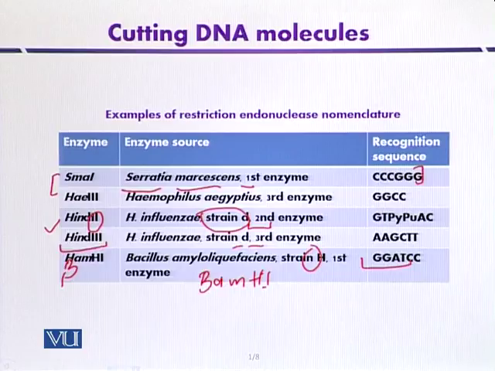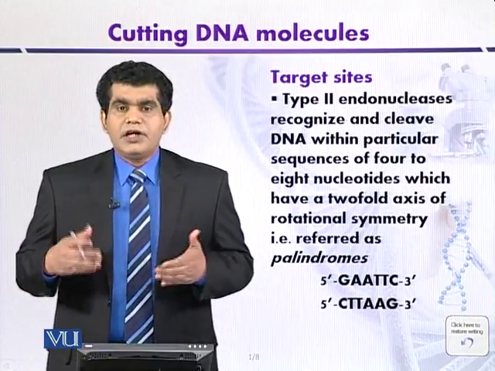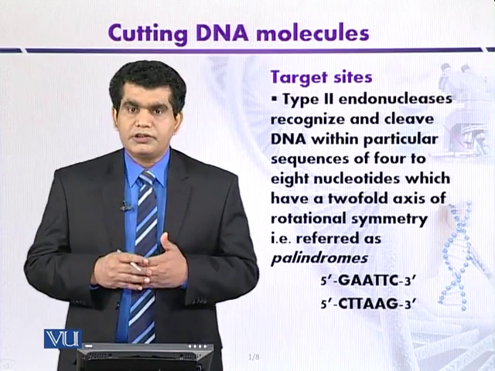Another example is the recognition sequence recognized by HindII, represented by GT, then a pyrimidine base, then any purine base, then AC. The enzymes may have different restriction sites, which we are going to discuss in the next chapter.